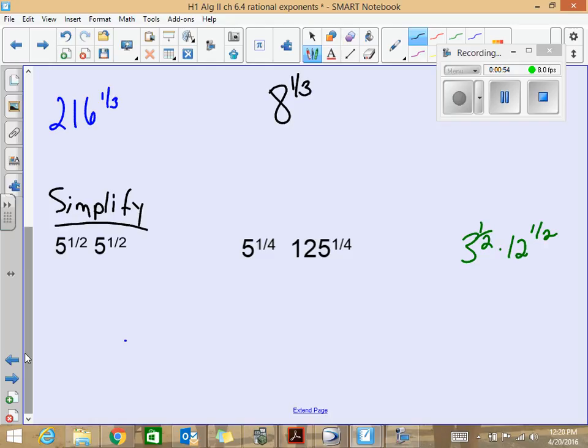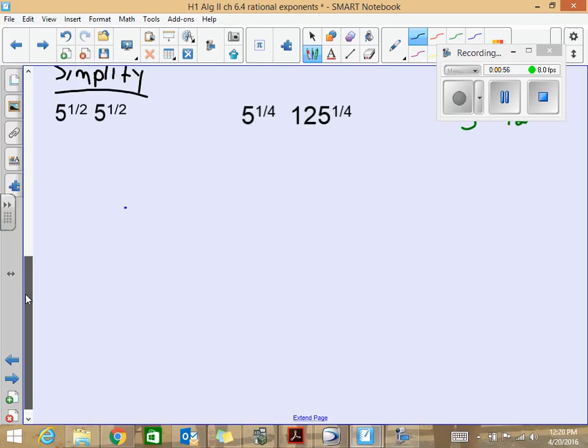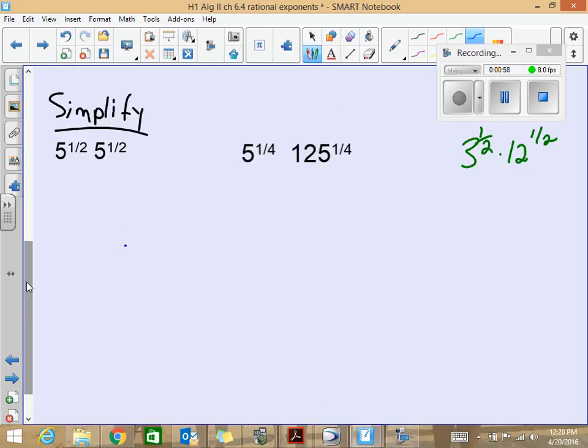We started this last class, and I use this as an example of why we do radicals and exponents. You could solve this because they're like bases being multiplied. We talked about how you could solve it by just adding the exponents, and your answer is 5 to the first.